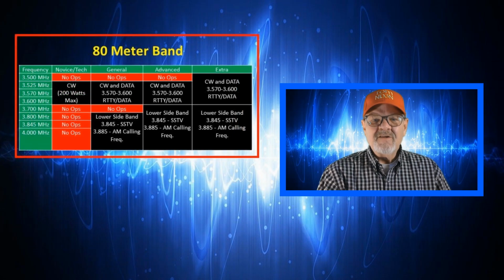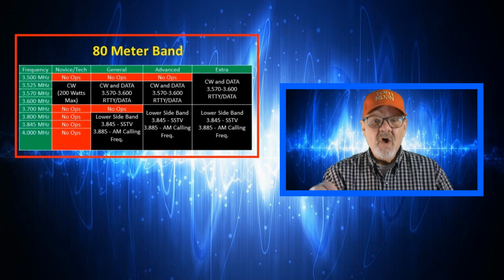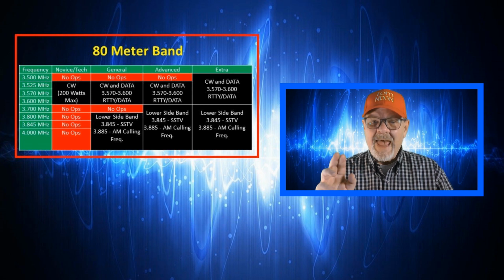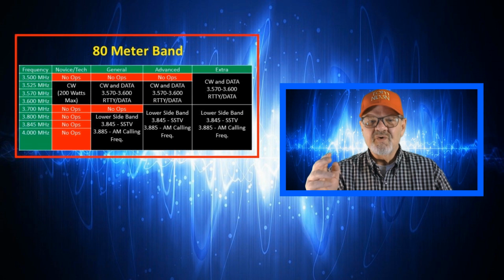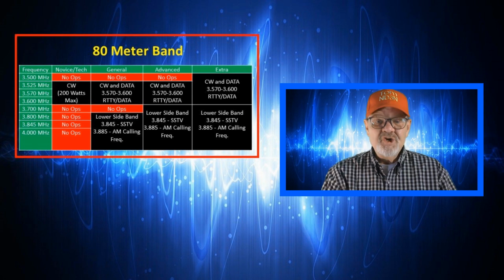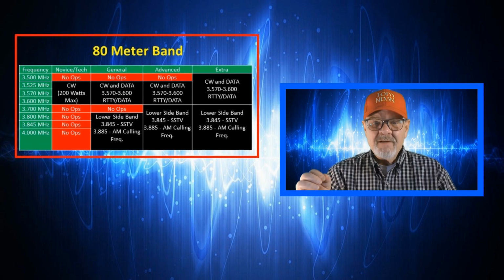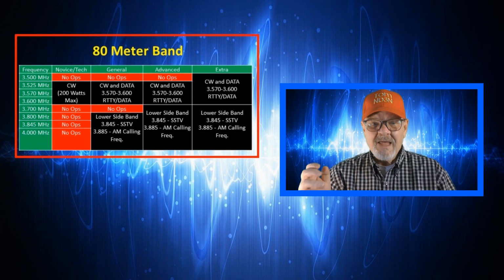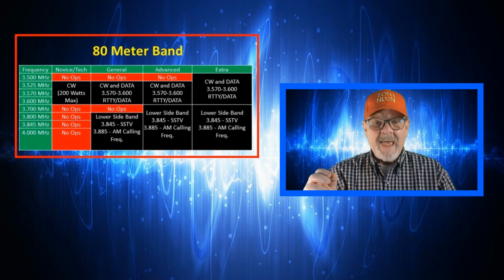The 80 meter band is broken down by license class, with novice and technicians having CW-only privileges from 3.525 to 3.6 megahertz and a power limit of 200 watts PEP. General operators may operate from 3.525 to 3.6 megahertz, which is allocated for CW and data mode, and then 3.8 to 4 megahertz for lower sideband operation.